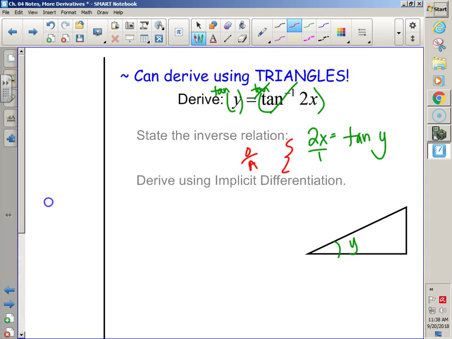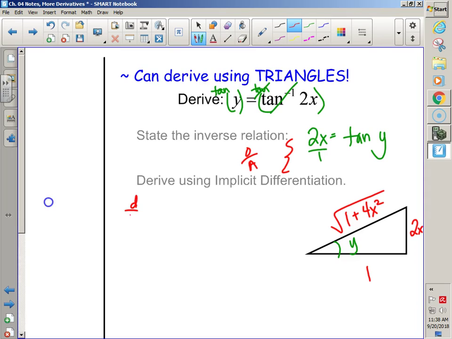Opposite over adjacent, SOHCAHTOA? Okay, so then plug it in. Can't I make 2x my opposite and 1 my adjacent? What's my hypotenuse using Pythagorean theorem? 1 squared plus 2x squared, right?